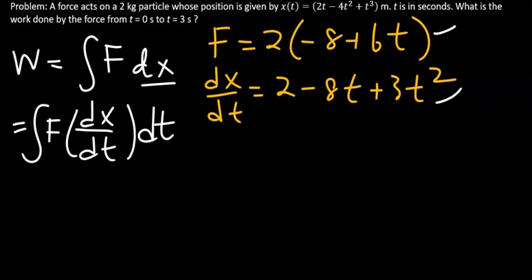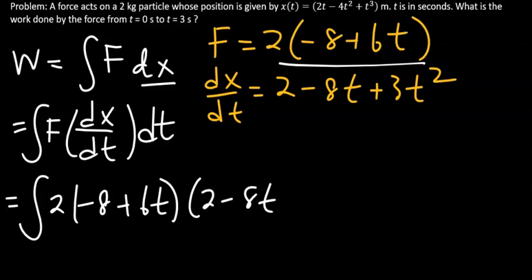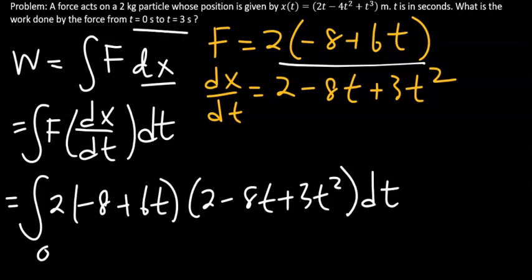Putting this and this in this integral, we will get the following. Work equals the integral of 2 times minus 8 plus 6t, times 2 minus 8t plus 3t squared, dt. Remember, the limit is from 0 to 3 seconds.